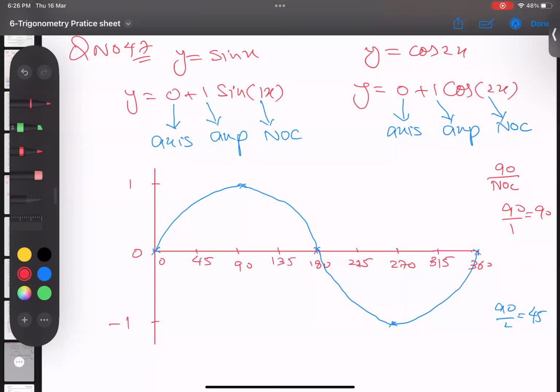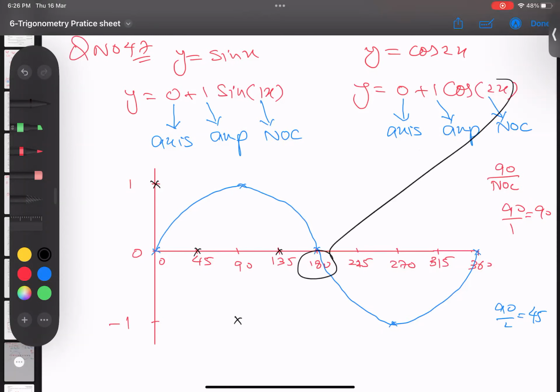So I believe all points are clear. You can check by plugging in 0 into 2x, so you get 1. If I plug in 45, 2 times 45, you will get 0. And when I plug in 90, I will get minus 1. When I plug in 135 in the place of x, I get 0 again.